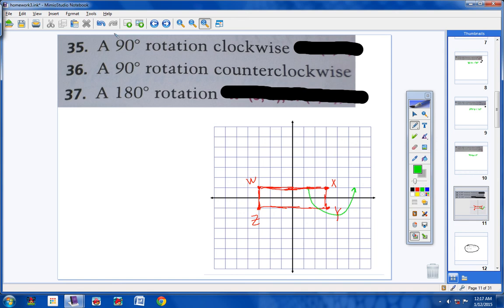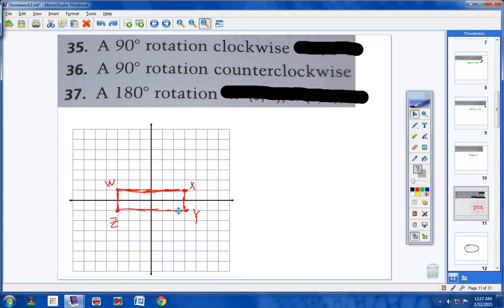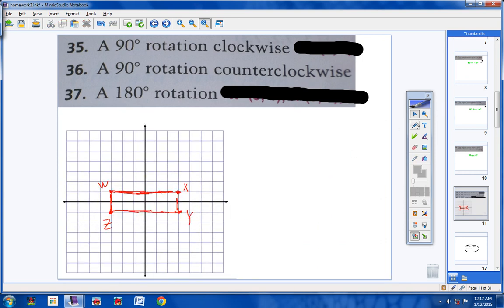Okay, now I'm going to slide this over so I have a little more room to work with. And remember, this side here is going to rotate 180 degrees, okay? So WX, this side right here, will be swinging all the way around, hitting this side here. So it would look like this.